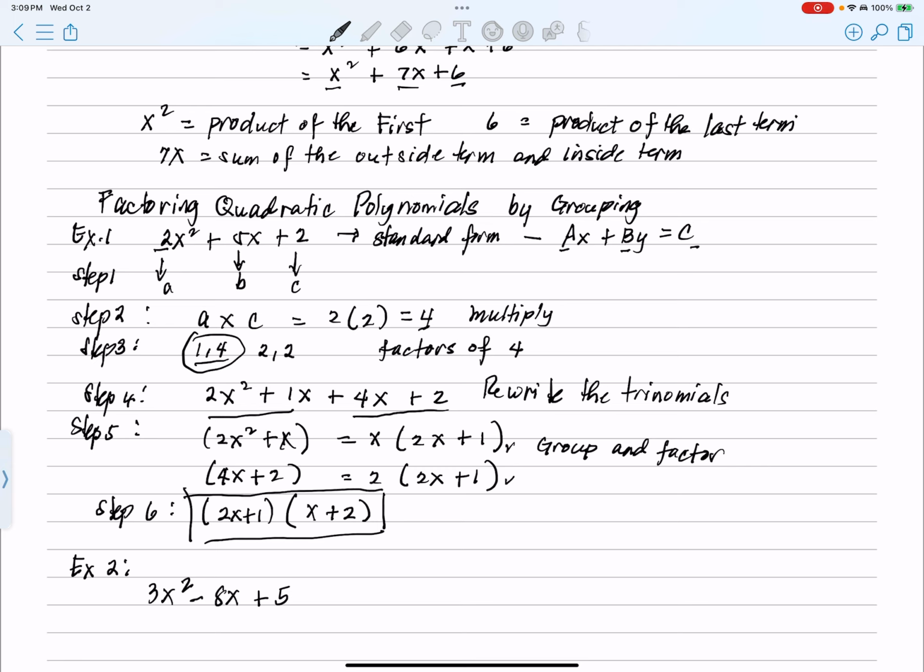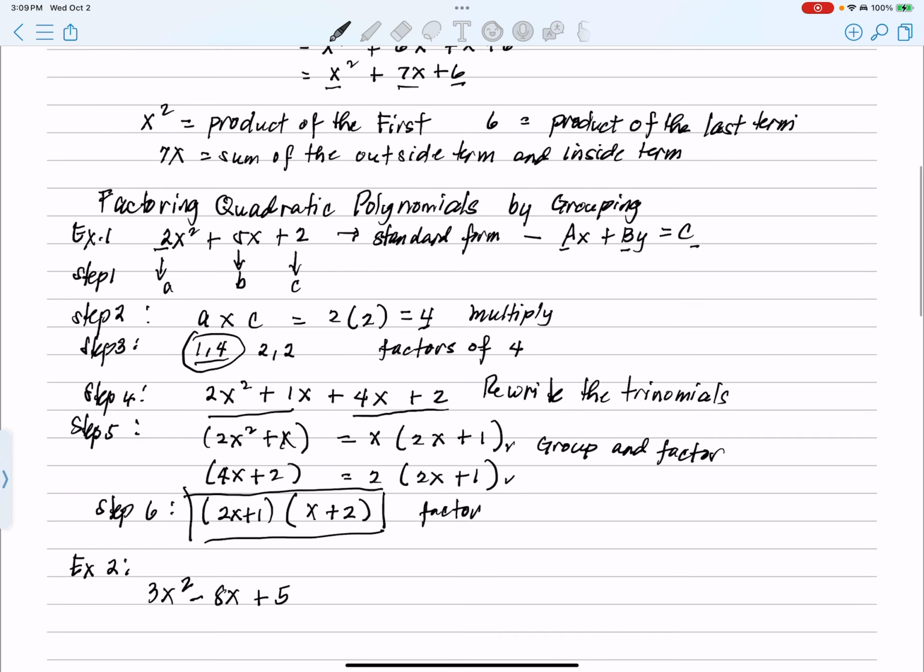So this is the factor: 2x plus 1 times x plus 2. Alright, I hope you could remember the steps. When you are used to using the steps, it will be easier for you, whatever polynomial is given to you.